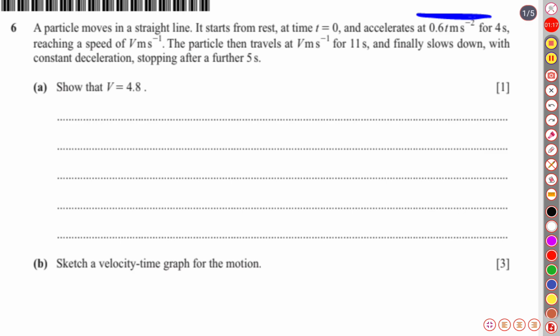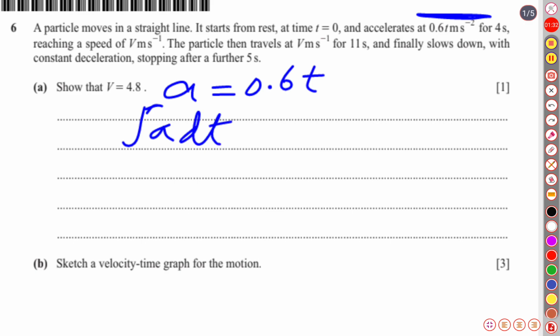So a is equal to 0.6t. If we integrate acceleration, we get velocity. So it is going to be 0.6 over 2, t squared plus c.